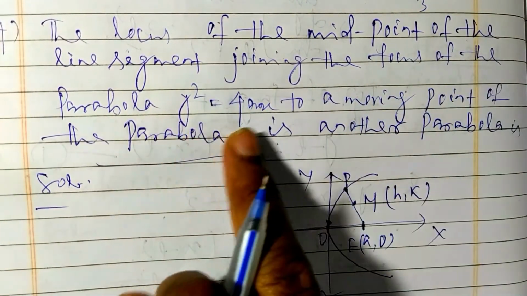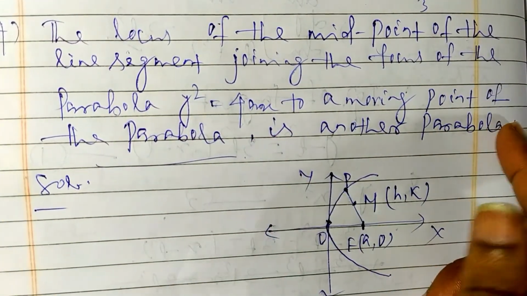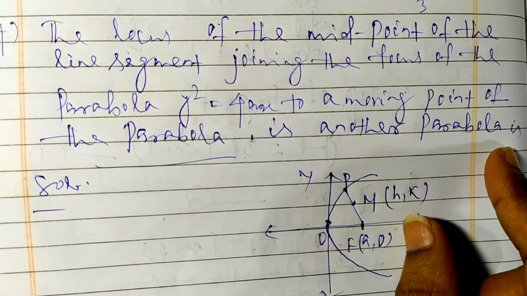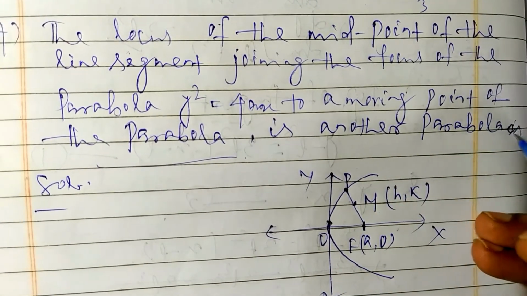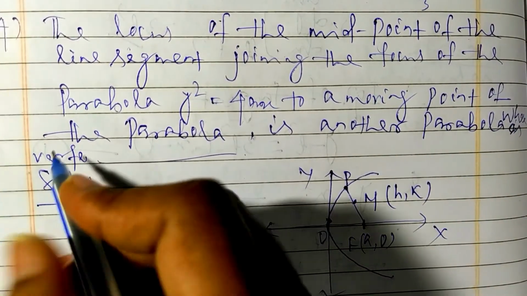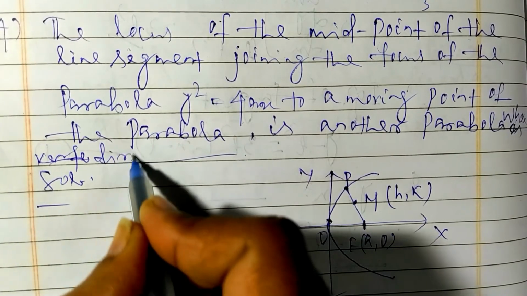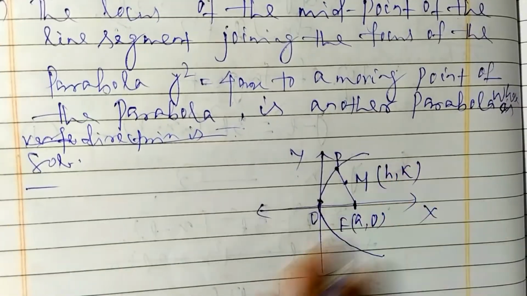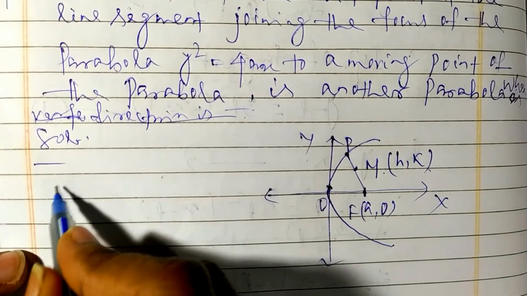The locus of the midpoint of the segment joining the focus of the parabola y square is equal to 4x to a moving point of the parabola is another parabola. We will find its vertex and directrix. Here M is the midpoint.